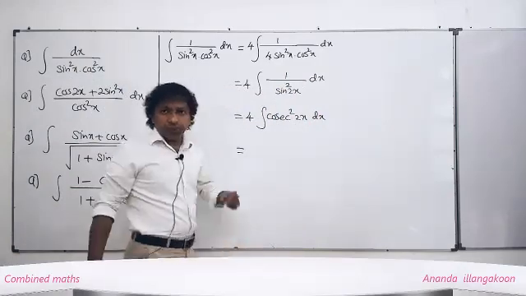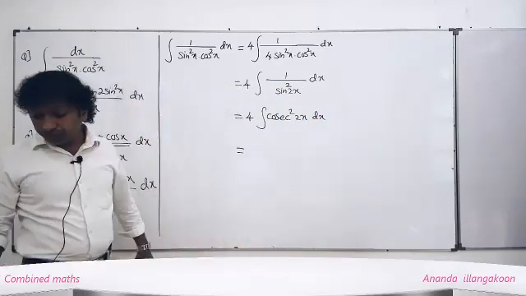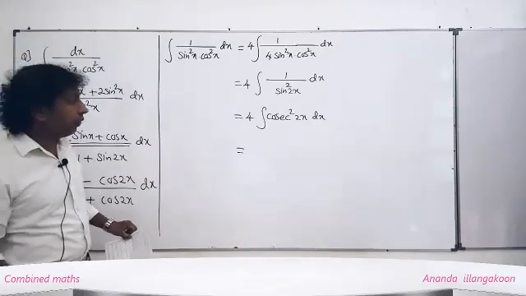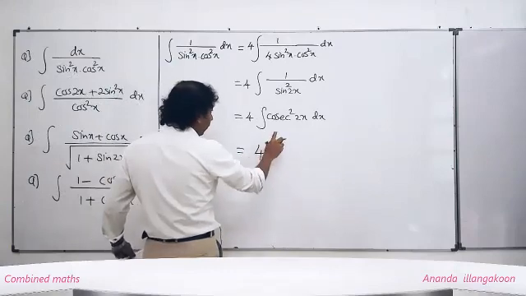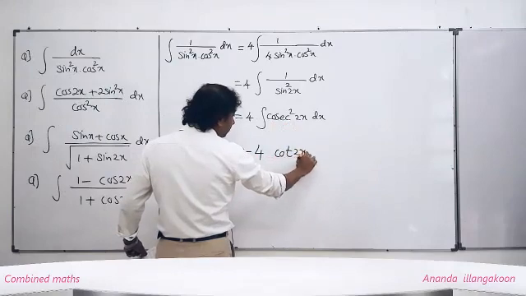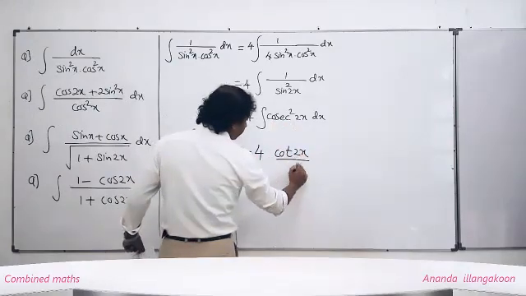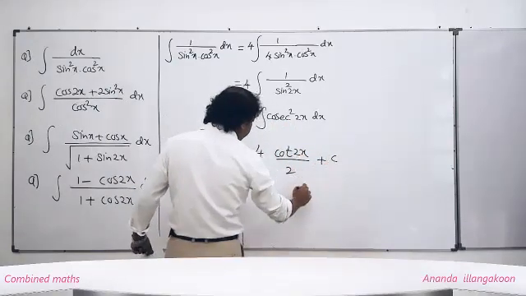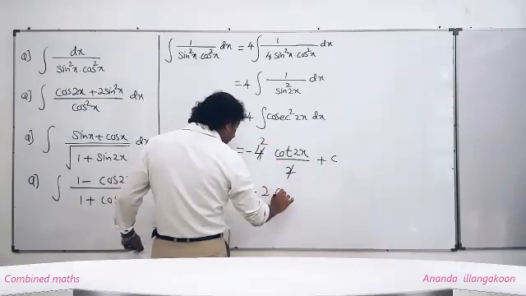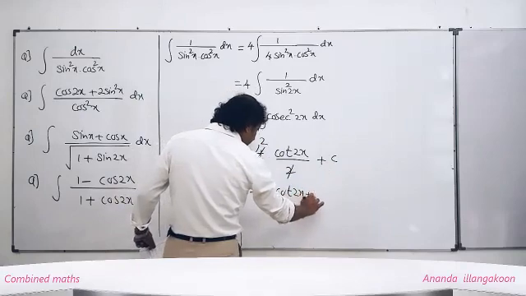But people, you know the cosec squared x integral is minus cot x. Then here 4 times minus cot 2x divided by 2, and this you can cancel down, giving minus 2 cot 2x plus c.